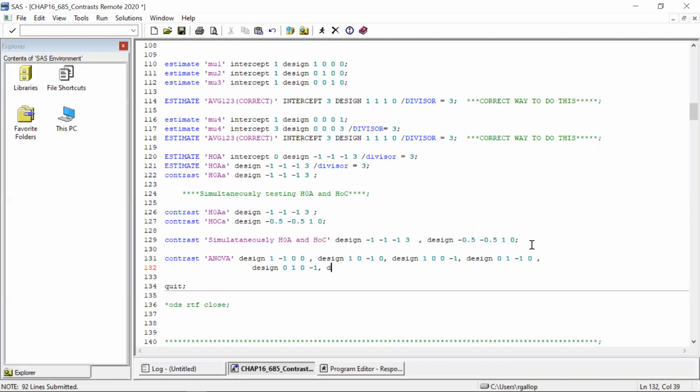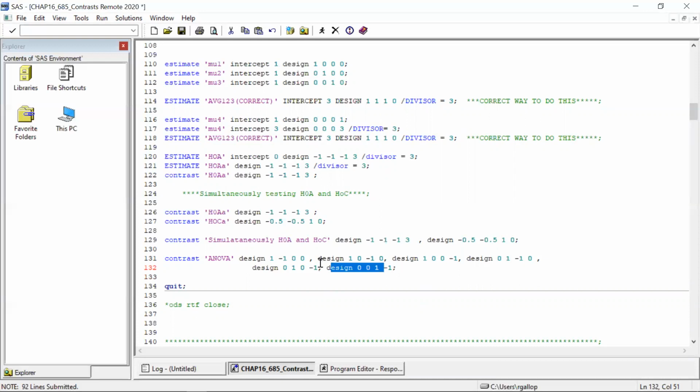Two compared to 4. 3 compared to 4. So again, this is mu1 equal to mu2 and mu1 equal to mu3 and mu1 equal to mu4 and mu2 equal to mu3 and mu2 equal to mu4 and mu3 equal to mu4. That's the null of the ANOVA. This has 6 components. But remember, the degrees of freedom for the ANOVA is 3, not 6, because these lines are not linearly independent.